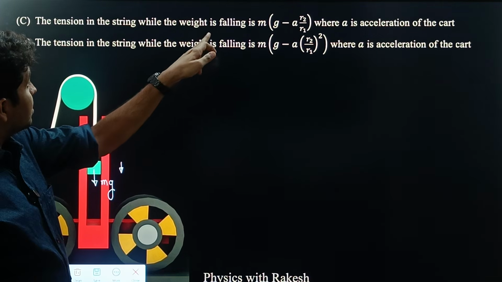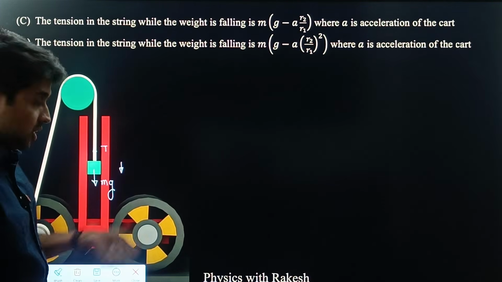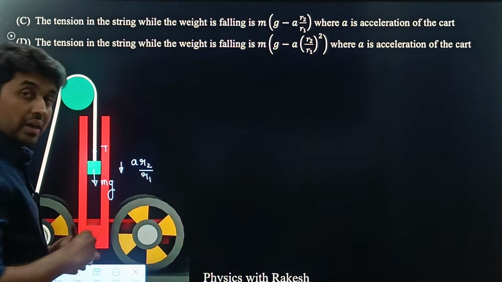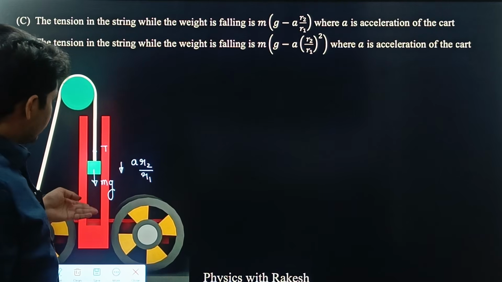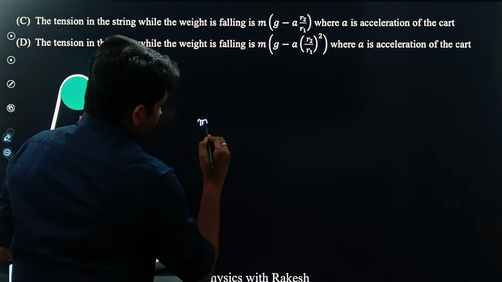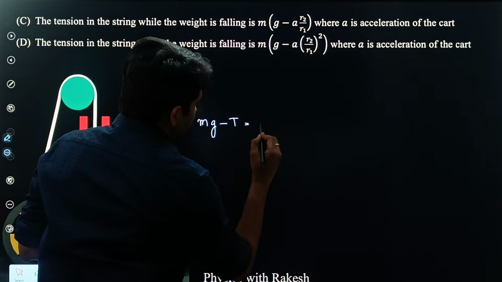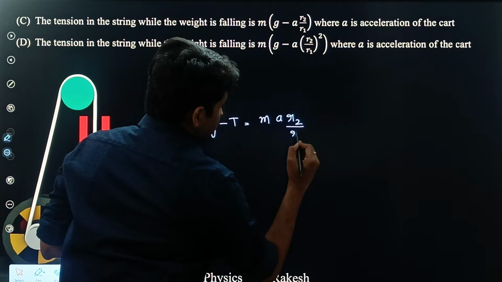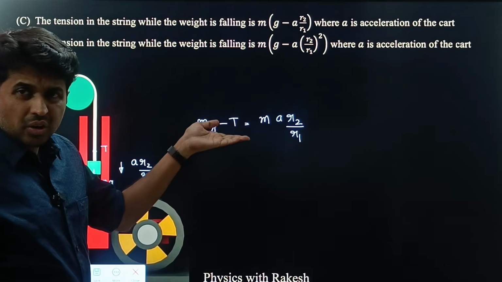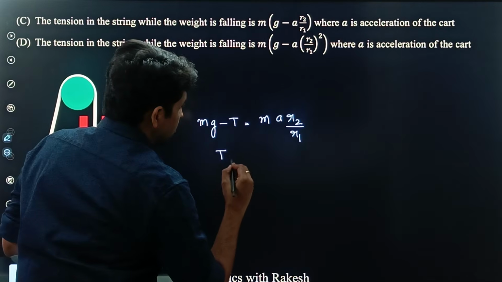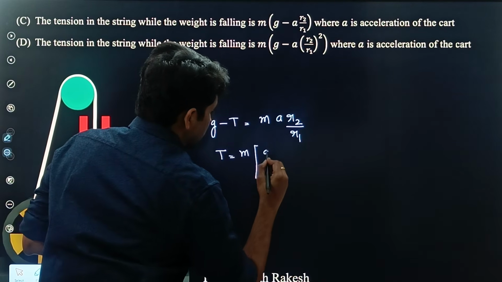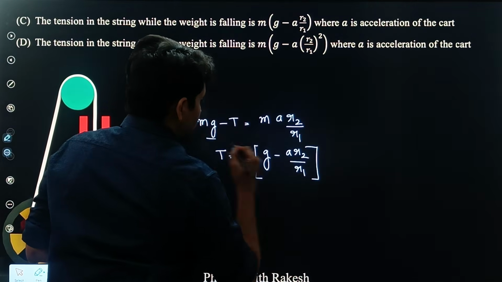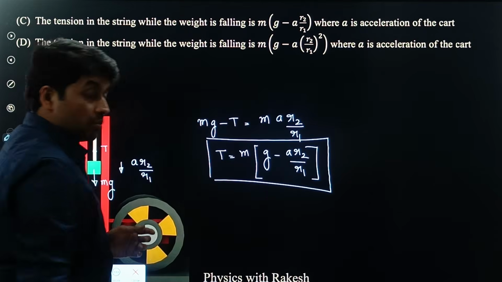If A is the acceleration of the cart, we saw very initially that this acceleration is A times r2 by r1. So directly we can write mg minus T equal to m times A r2 by r1. So the tension is T equal to m into g minus A r2 by r1.